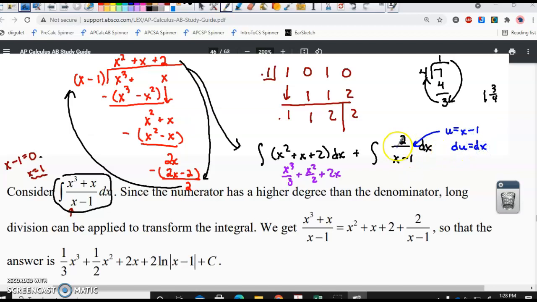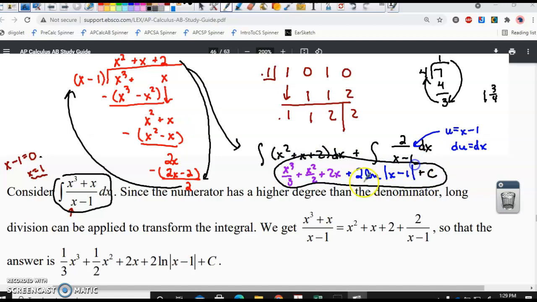These are the kind of u-subs you can do in your head to save time because you don't have to worry about any coefficients. So you're integrating 2 over u, which is 2 times the natural log of u. So we go plus 2 times the natural log of x minus 1, plugging that back in, and then finally plus c.